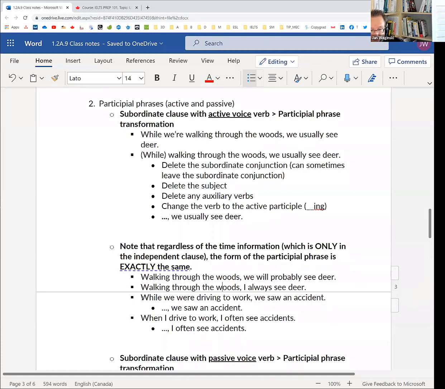Okay, for this example sentence, while we were driving to work, we saw an accident. Kelly, how would we transform this part into participial phrase? Good morning. Hi. So basically what we need to do is just remove the while. We were driving to work.